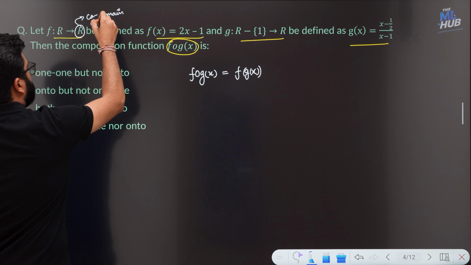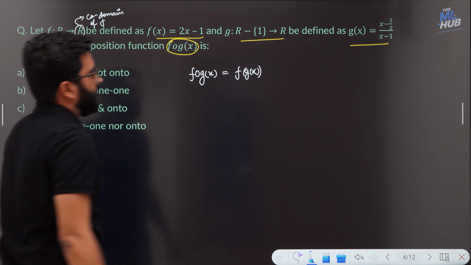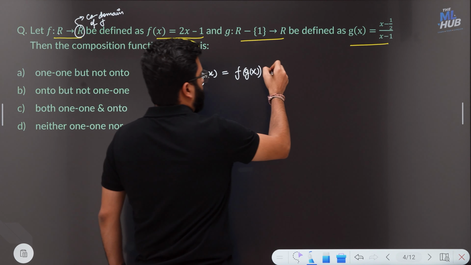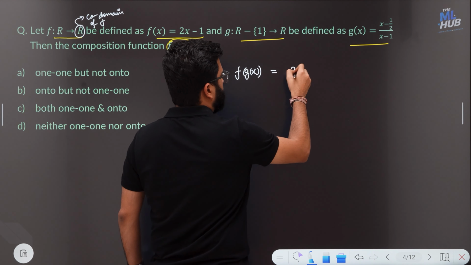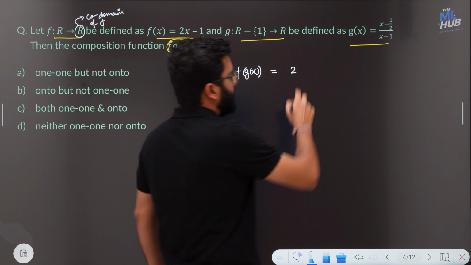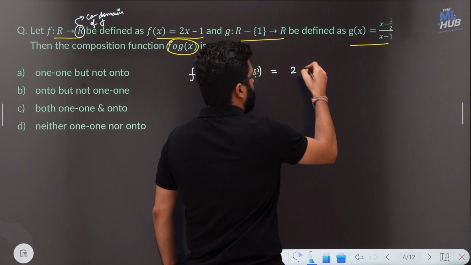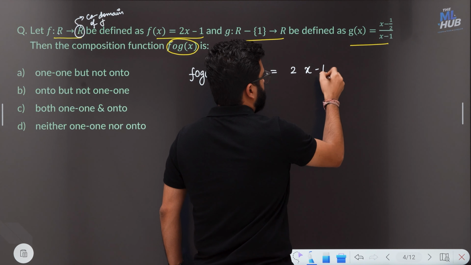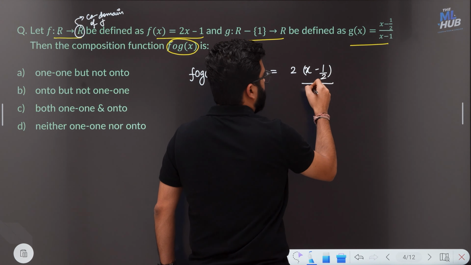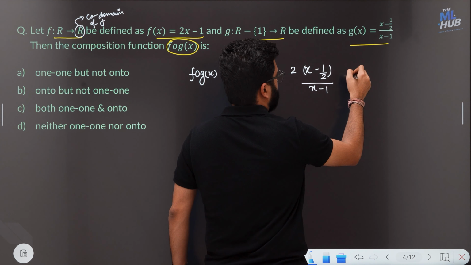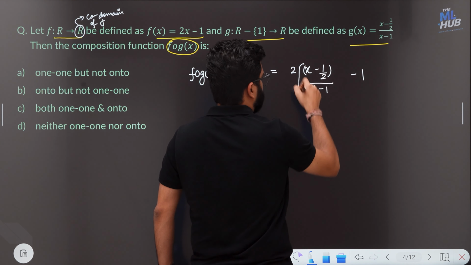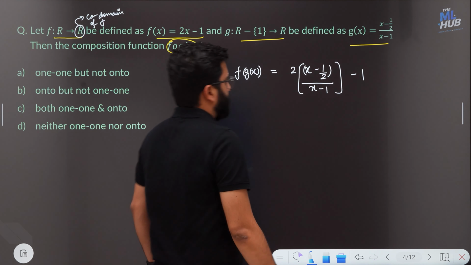So f of g will be 2 times x, where I will be replacing x with g of x, which is (x minus 1) by 2, divided by x minus 1 minus 1. This will be f of g.